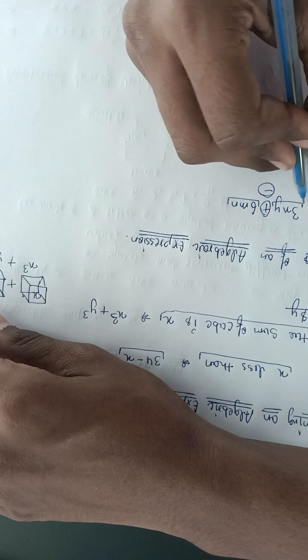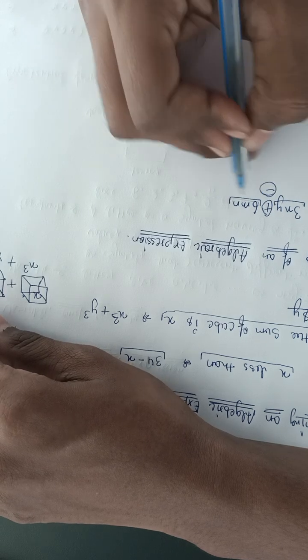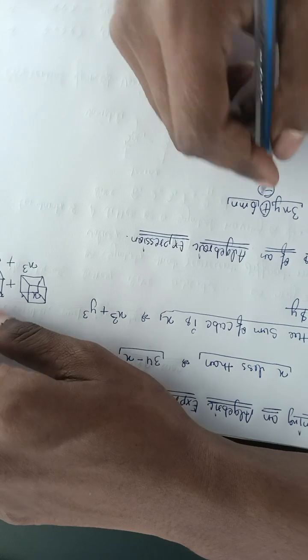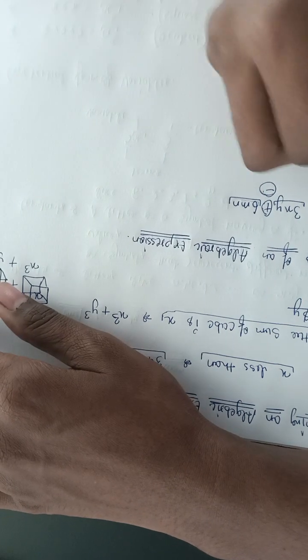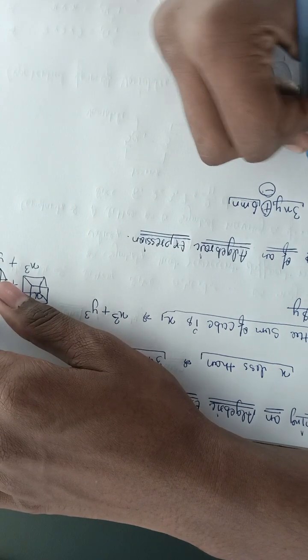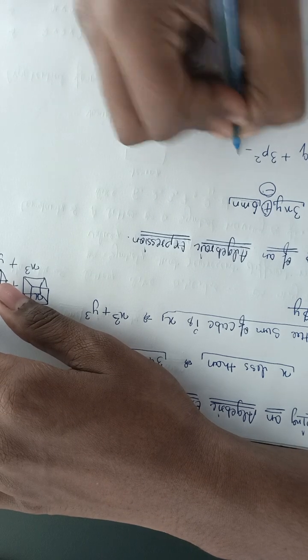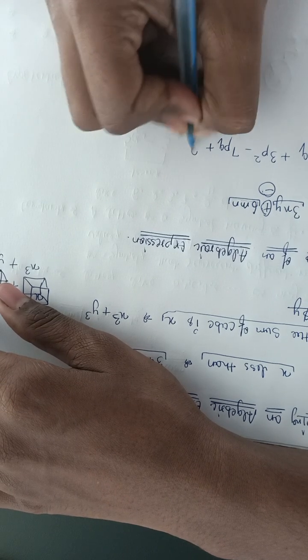Okay, suppose this is a term and this is also a term. So the separation is what? That is minus or plus. Now if we take this equation, that is p cube q plus 3p square minus 7pq plus 2.